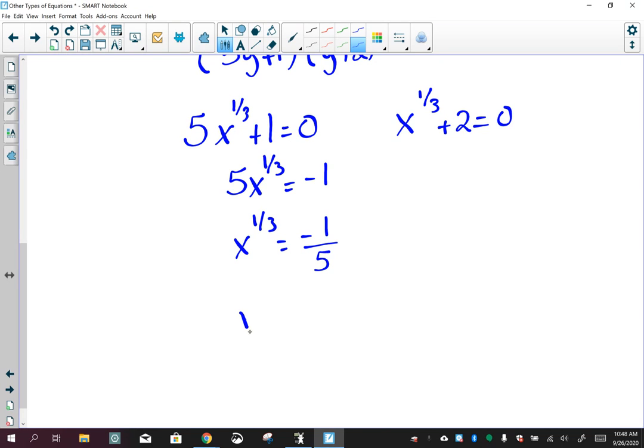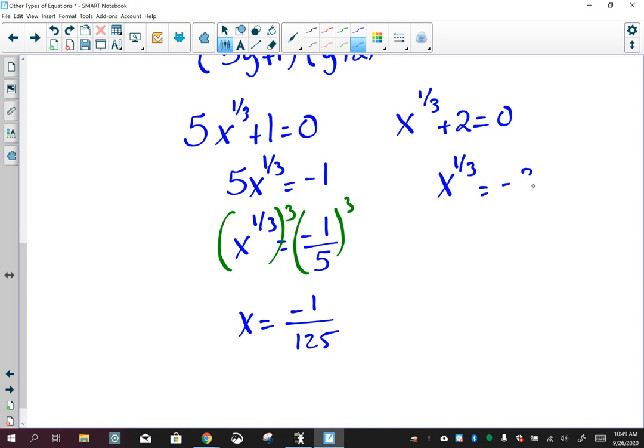I'm going to cube both sides in this case. So I wind up with x is equal to -1/125. Because remember, I am cubing this whole thing. I'm going to do the same thing to the other side. X to the 1/3 is equal to -2.